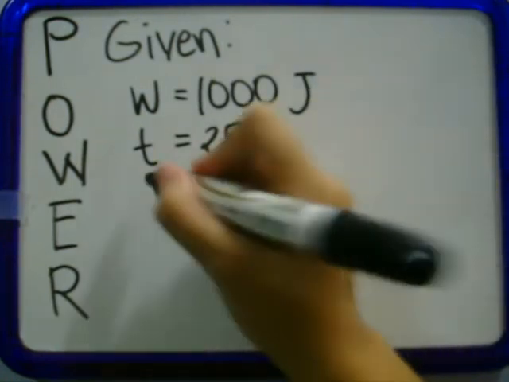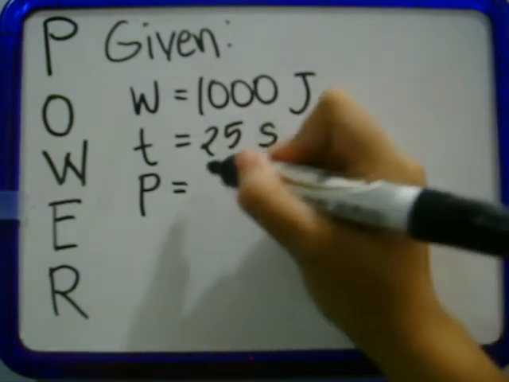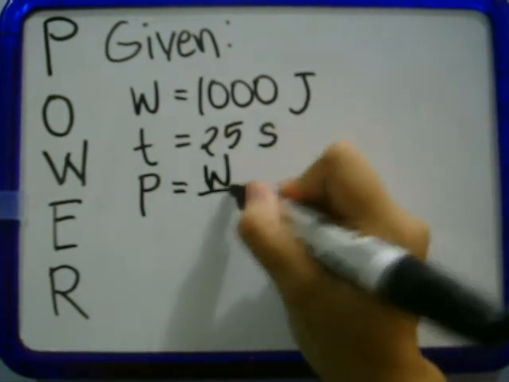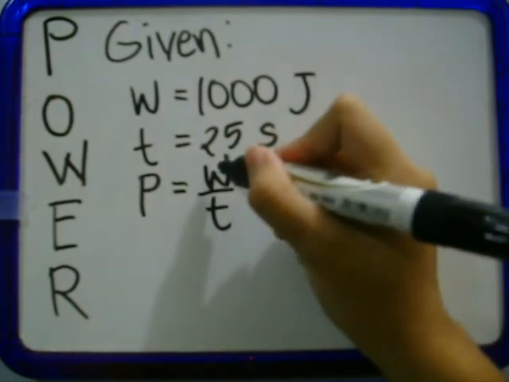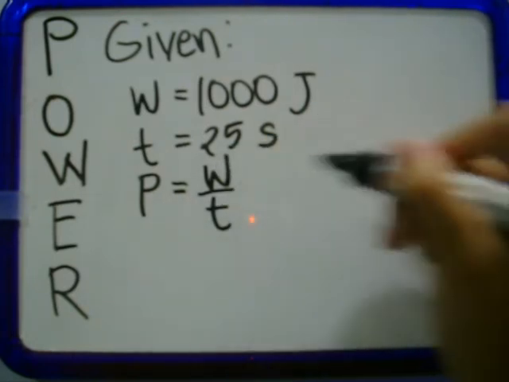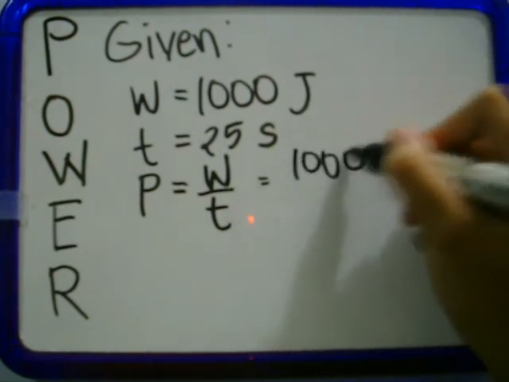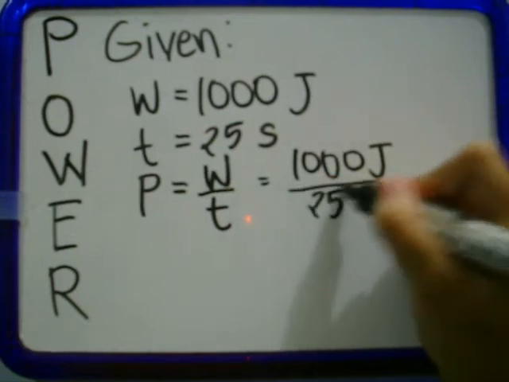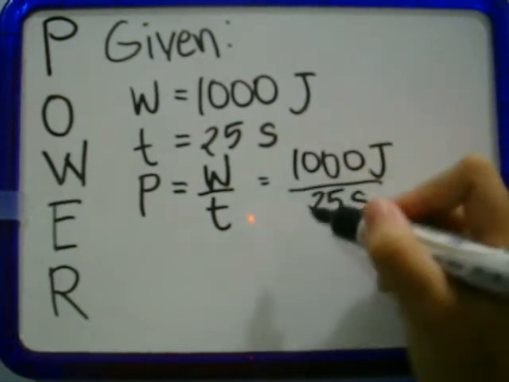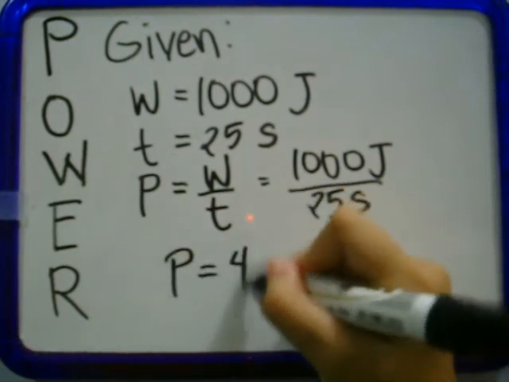To find the power, we will use this formula: P is equal to W over t, where W is the work and t is the time. 1000 joule divided by 25 seconds, P is equal to 40 watts.